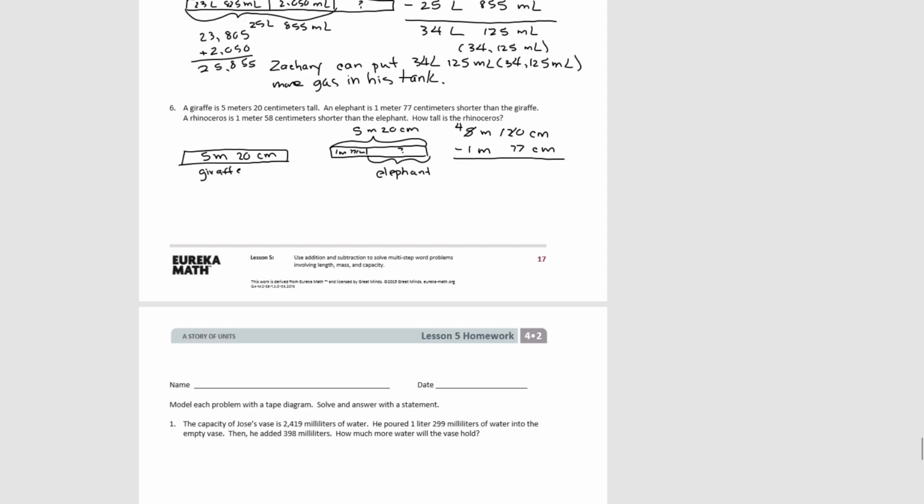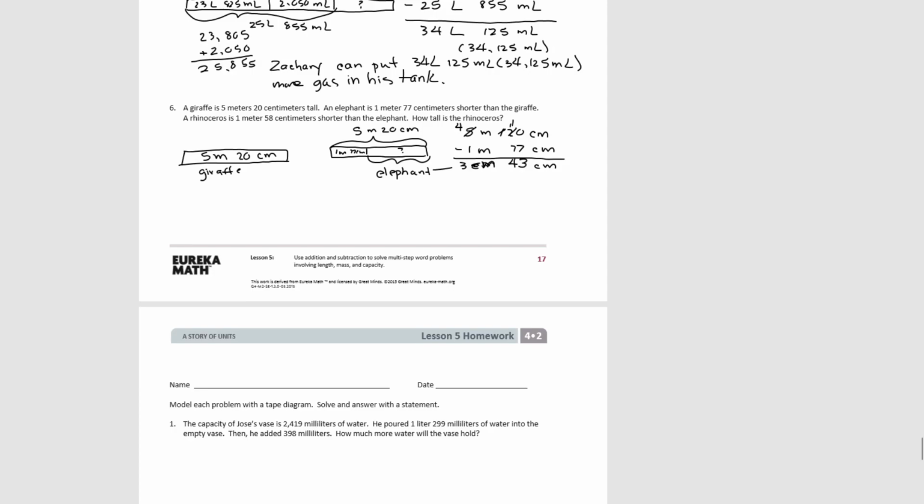So now we can subtract. So the elephant is 3 meters, 43 centimeters.